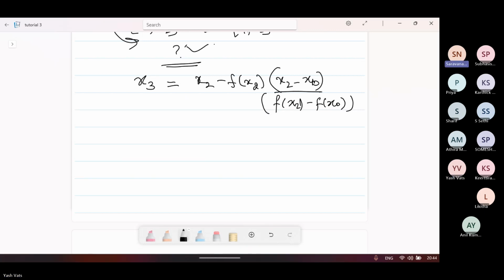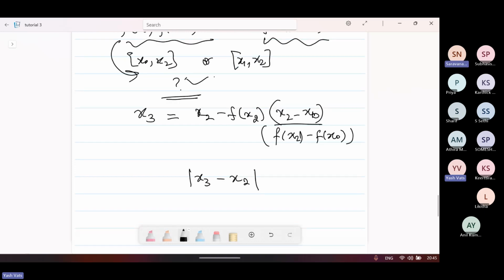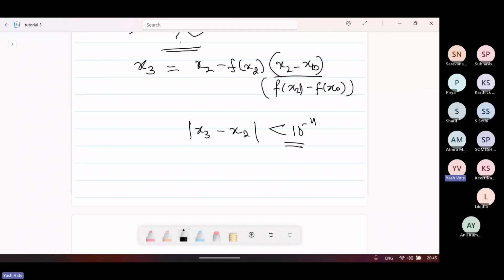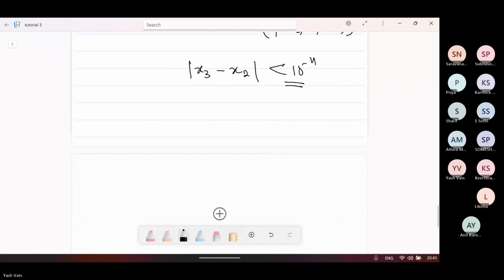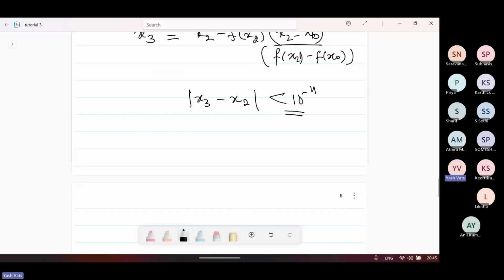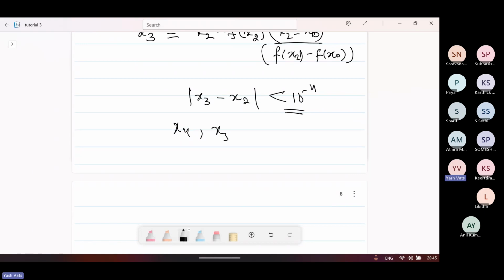Either mod f of x3 should be less than 10 to the power minus 4, or, I think, x3 minus x2 should be less than 10 to the power minus 4, the difference between the last two iterations. If it is not lesser, just continue again and again until you reach that point, whether it is x4, x5, x6, or any.